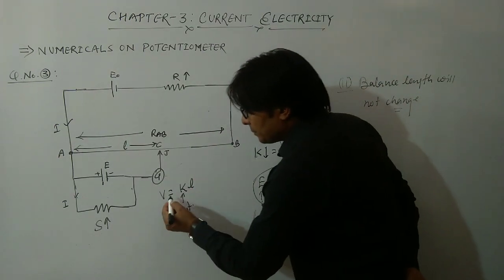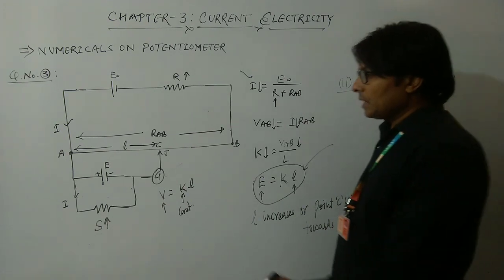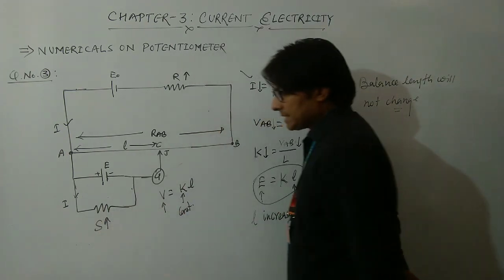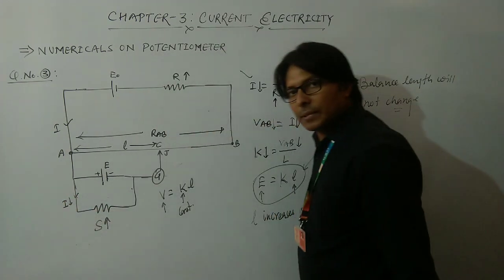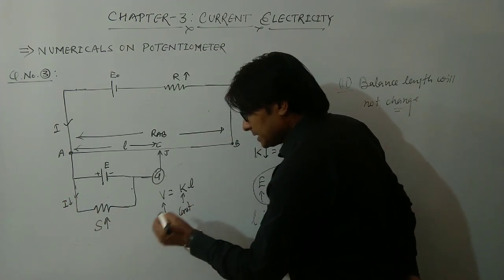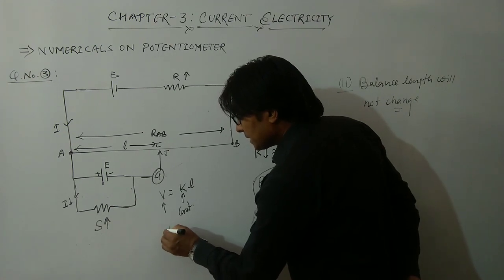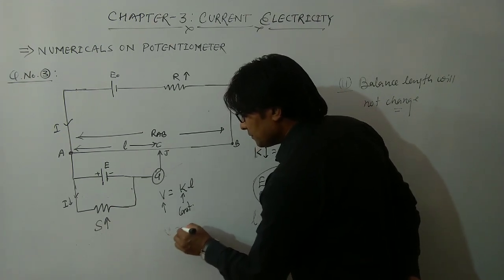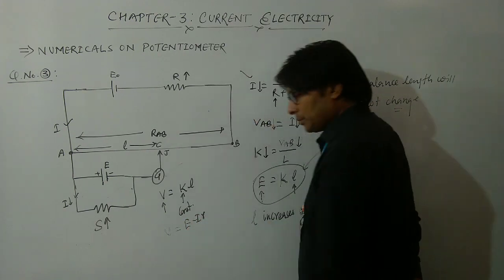Okay, but what about V? So if I increase the value of S, then definitely the value of current will decrease, and there is a relation between EMF, terminal voltage and internal resistance of the cell: V is equal to E minus Ir, as you know.